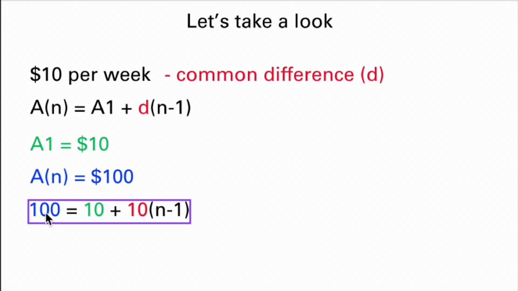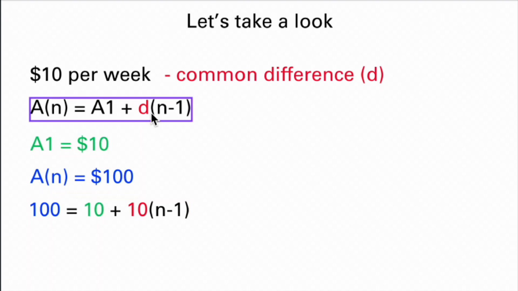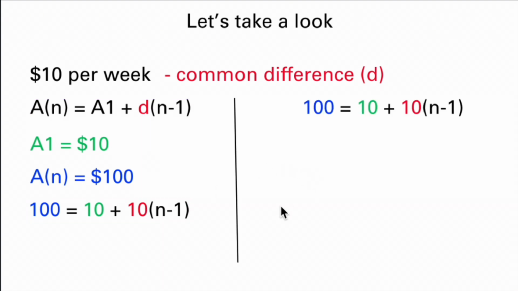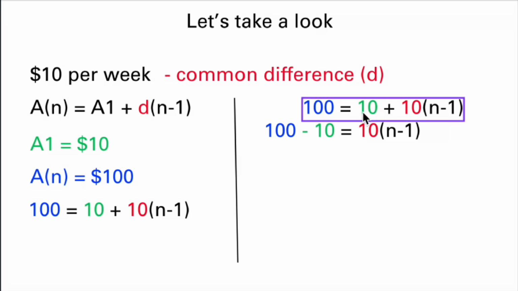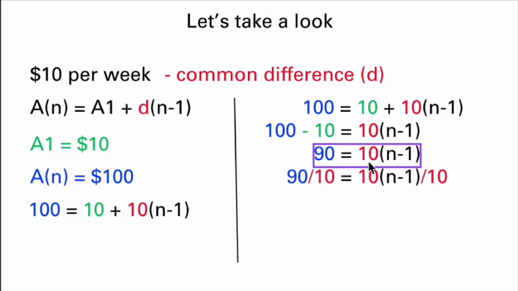So $100 for a of n, $10 for a of 1, 10 for d, the common difference, and with that, let's calculate it. First up, we bring this 10 over to the other side, so we minus it, and then you get 90. After that, divide both sides by 10 to get rid of the d, which will lead to 9 equal to n minus 1.